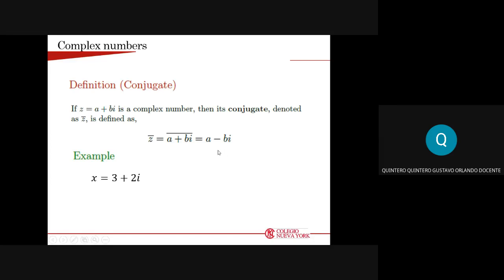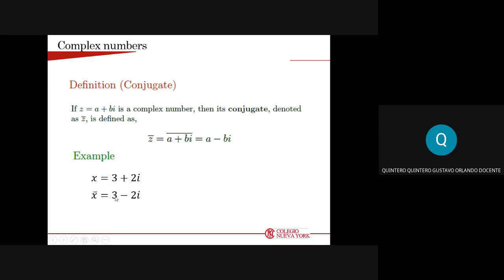Let's look at this one. x is my complex number. The complex number is 3 plus 2i. That is my complex number. Then what will be x conjugate? x with a little line on top. All right. x with a little line on top will be the same number, but now instead of addition, I write subtraction. Everything else is the same.